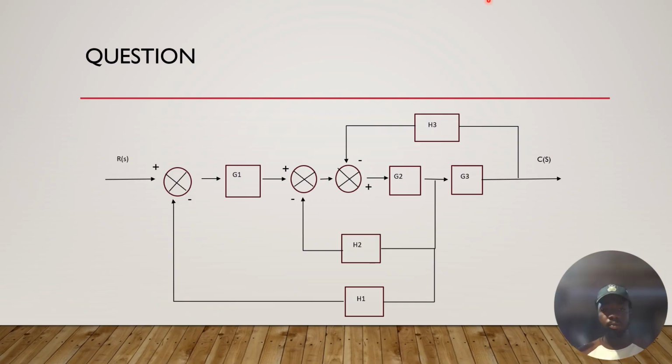I'm continuing from where my colleague left off. Now, with the block reduction, we have to look out for the place to start to make this whole thing really easy to simplify. Looking at the feedback H1 and H2, we will have to move the feedback behind G3 to make the whole loop easier to simplify.